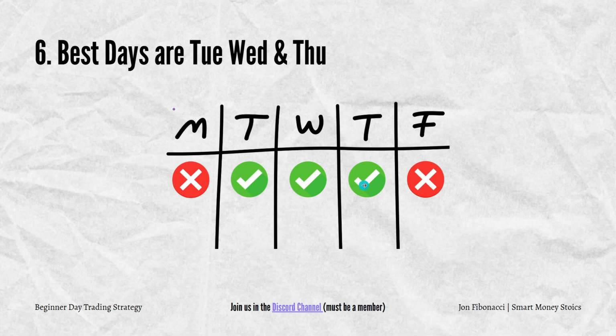Again, the middle of the week. Now, if you're an advanced trader or an intermediate trader, Mondays and Fridays are fine too. But this is a beginner video, and you're gonna find really good opportunities on Tuesdays, Wednesdays, and Thursdays, right? So we know what to look for, and now we know when to look for them.